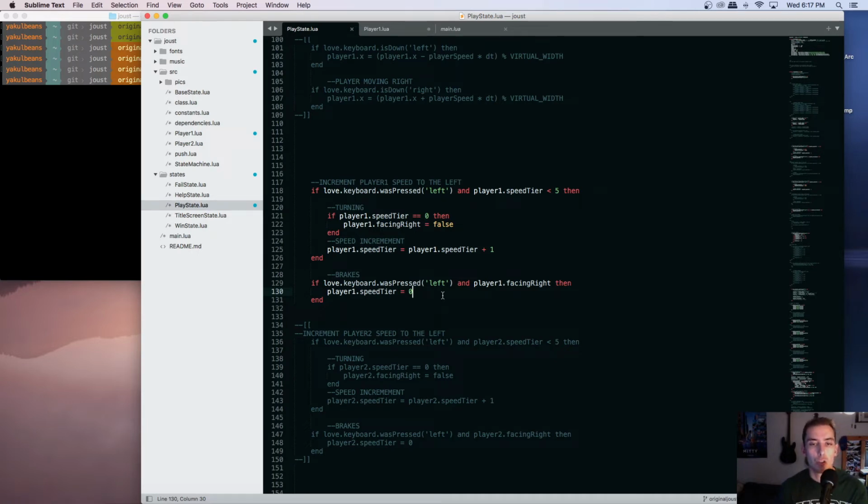But instead of setting it to 0, I need to do similar logic where I say player 1's x gets its current x, or, shoot.